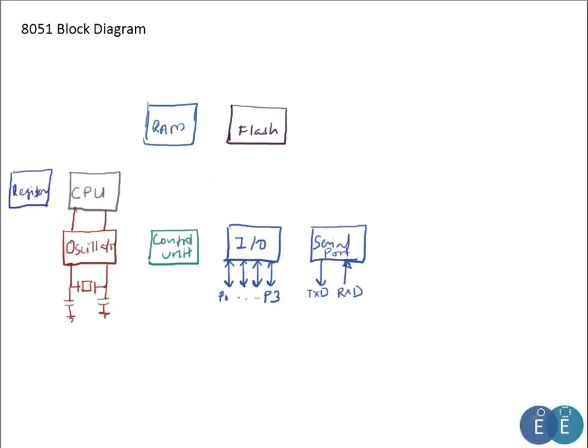Now apart from all this, there is a unit which handles interrupts. If the CPU is doing a particular task and there is an external interference, or a request to process an external signal, we have something called the interrupt controller, which handles all these requests.